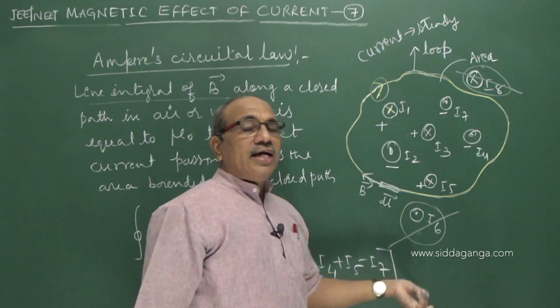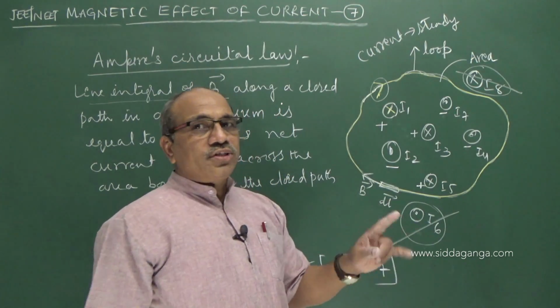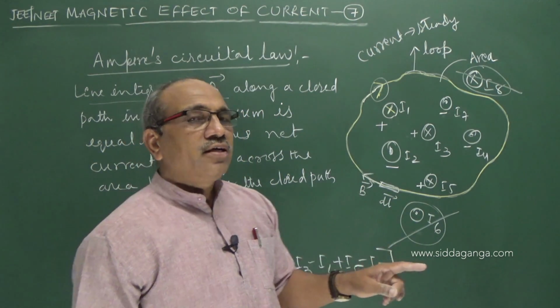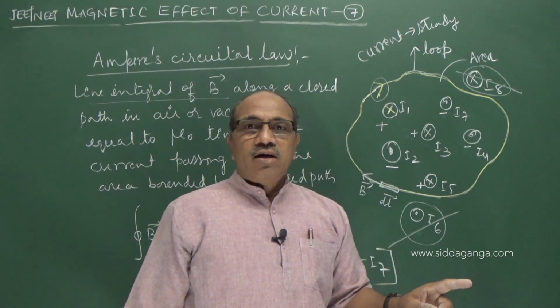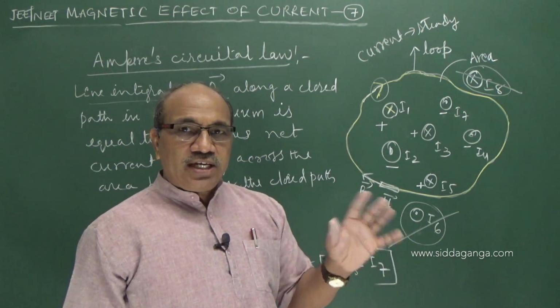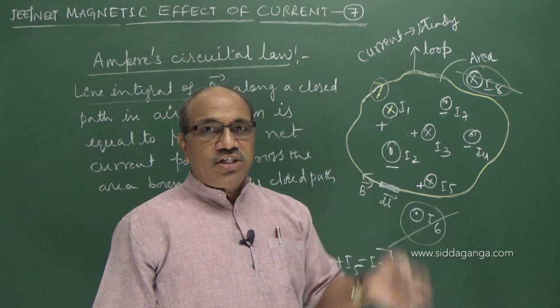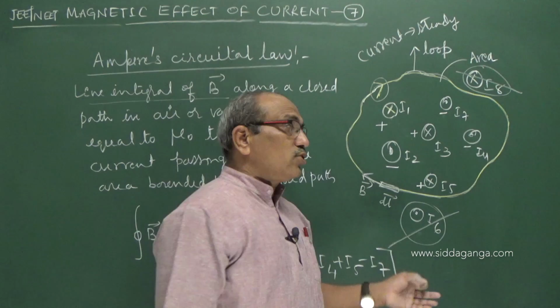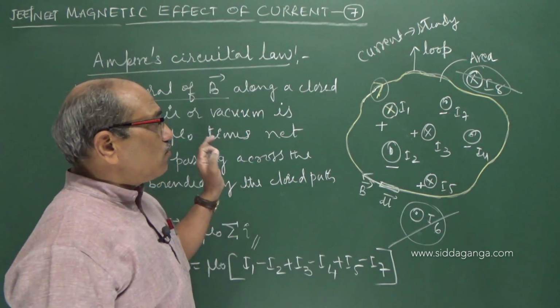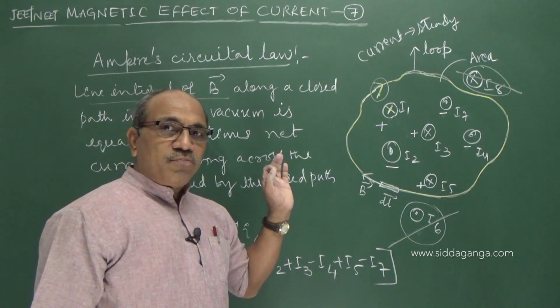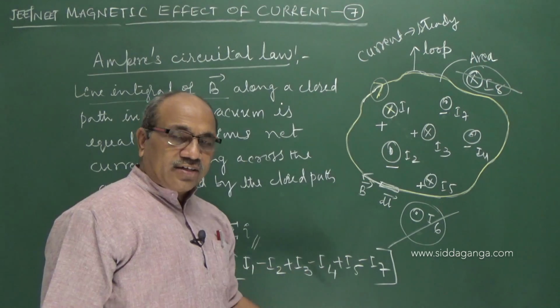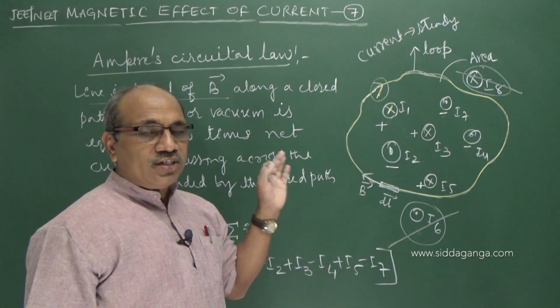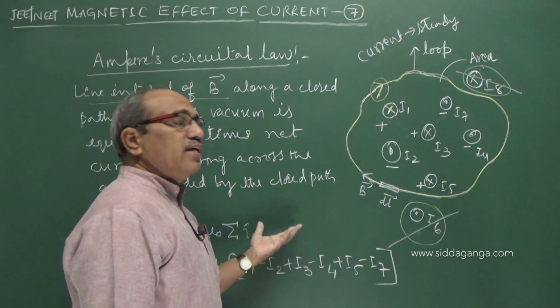As in Gauss law, we used it to find the electric field of an extended body like a spherical conductor, cylinder or thin wire. Like here also, this can be used to find the magnetic field produced by a straight conductor. That we already derived in the previous video, and we have to verify it here.